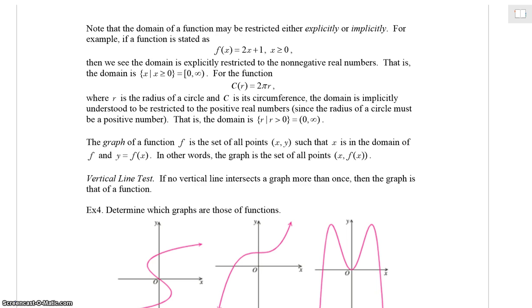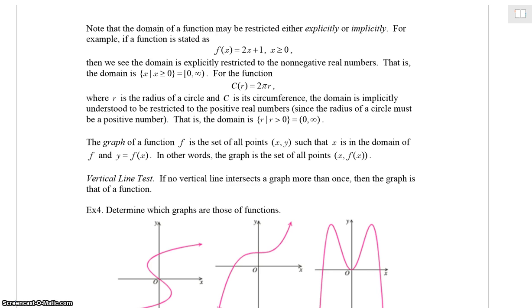For example, if a function is stated as f of x equals 2x plus 1, where x is greater than or equal to 0, then we see the domain is explicitly or directly restricted to the non-negative real numbers, to the numbers greater than or equal to 0, because it's part of the way the function is defined. We're told x has to be greater than or equal to 0. We don't know why in this case, but that's part of the definition.